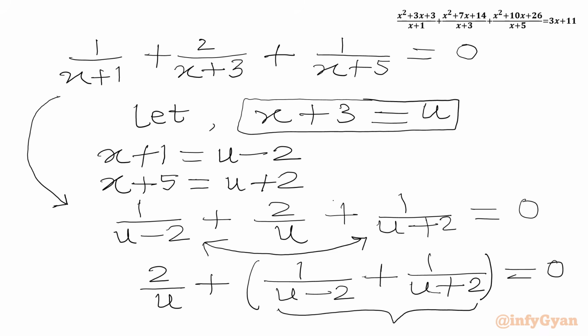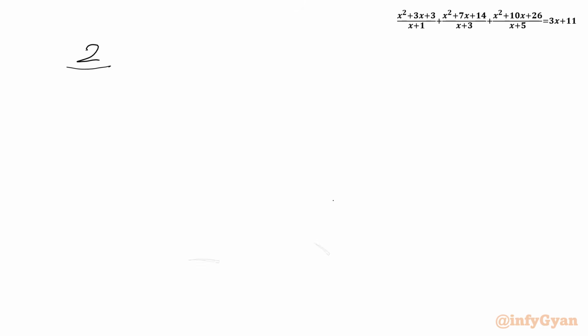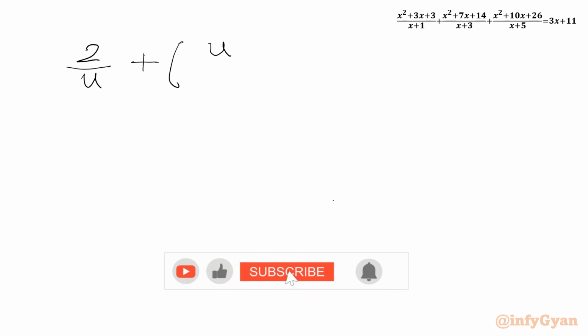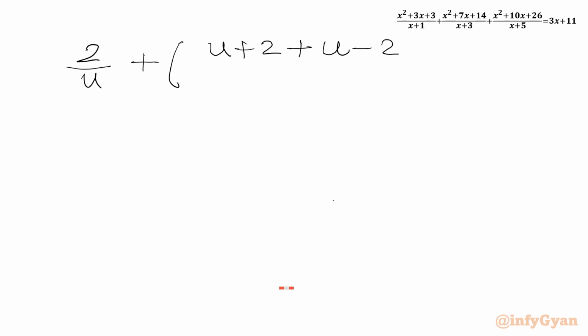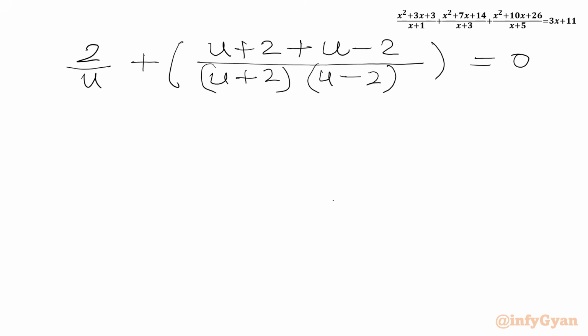So we will get 2 over u, plus u plus 2 plus u minus 2 over u plus 2 times u minus 2, equal to 0. So plus 2 minus 2 will be over.